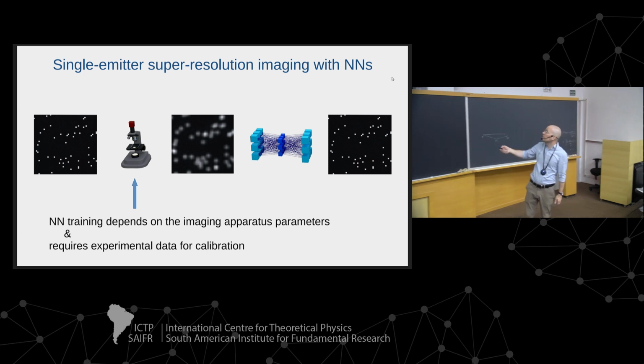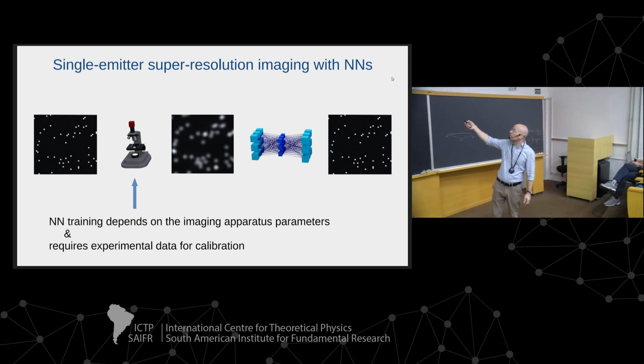We can feed everything into the training of a neural network, and after the network is trained, if we feed in the under-resolved image, the network predicts the original object. Okay, this is the idea. This is the standard workflow.